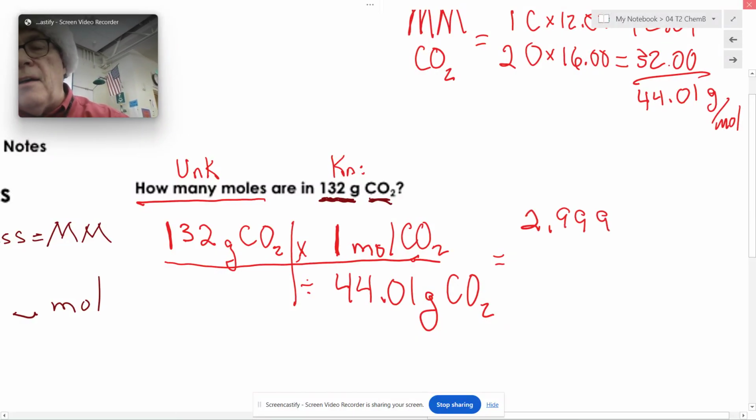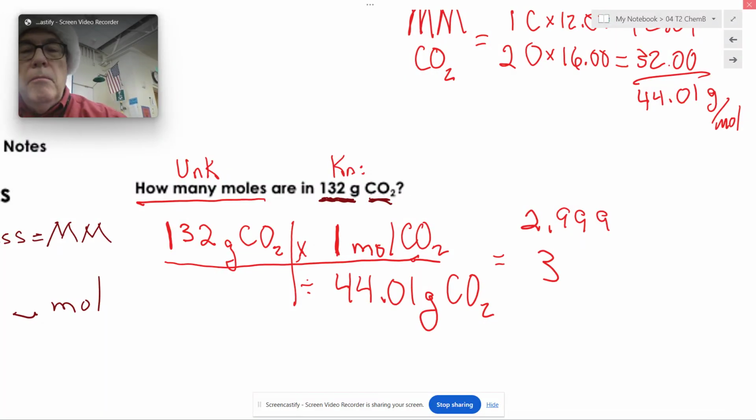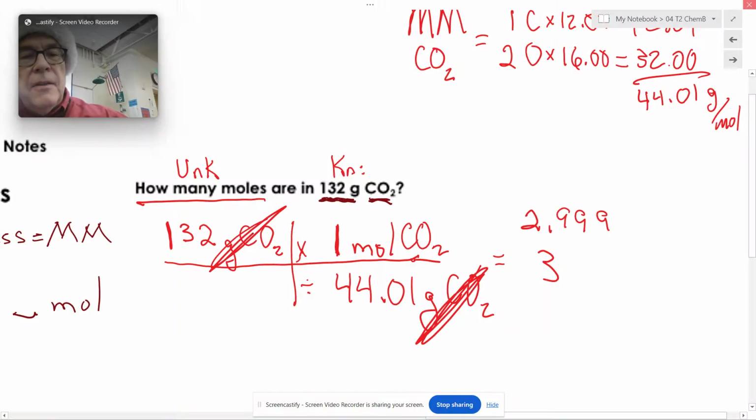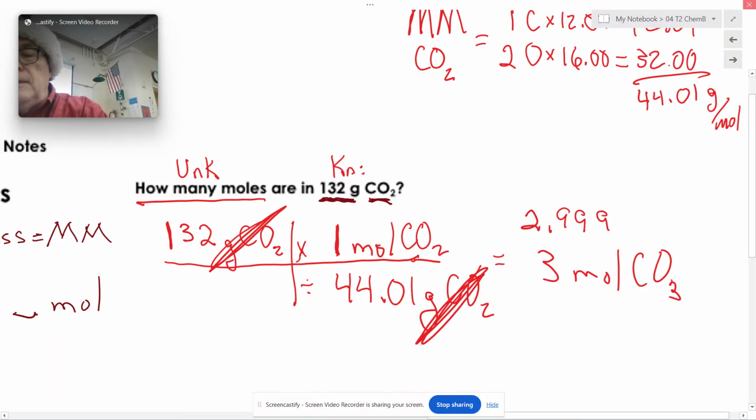I'm just going to round that to 3. 3, the unit that didn't cancel. Go ahead and cross these units out that cancel. What unit is left? 3 what? Well, the thing that's left is 3 moles of carbon dioxide, CO2.